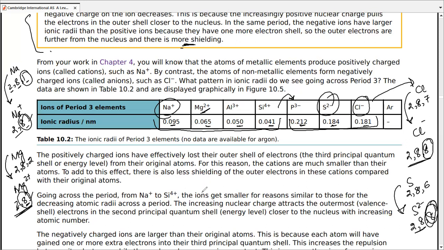So if we compare to their parent atoms, they have one less shell and they have less shielding. Of course, the ionic radii is now much less. They're closer to their nucleus as well because we're talking one step down for the outermost electron.